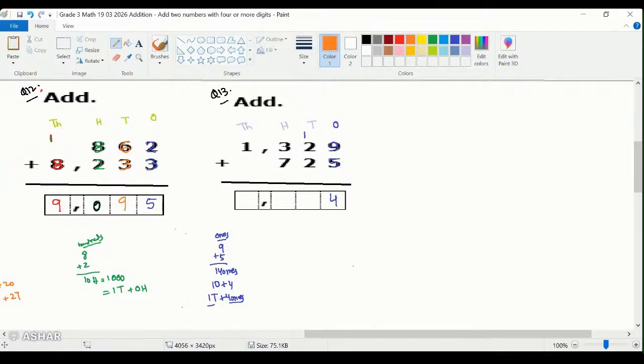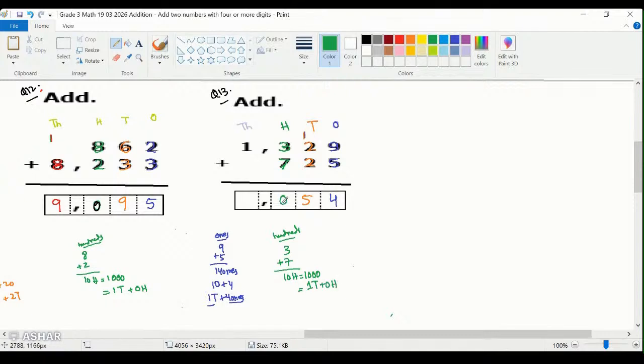Let's add the tens together. 1 plus 2 is 3, 3 plus 2 is 5. How about hundreds? 3 plus 7 is 10 hundreds, that would be equal to 1000, and we can say 1000 and 0 hundreds.